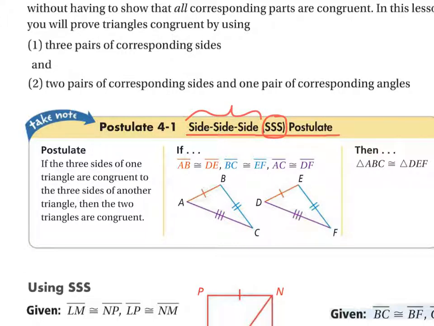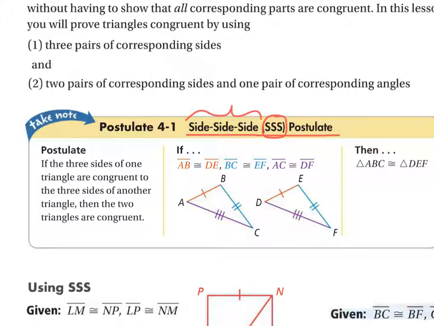So the side-side-side postulate says that if three sides of one triangle are congruent to three sides of a second triangle, so corresponding sides are congruent, then the two triangles are in fact congruent.